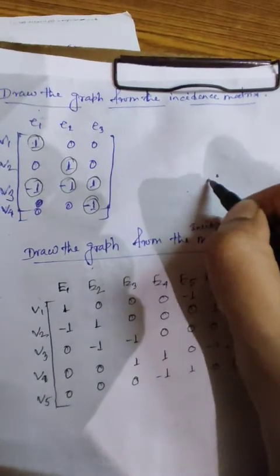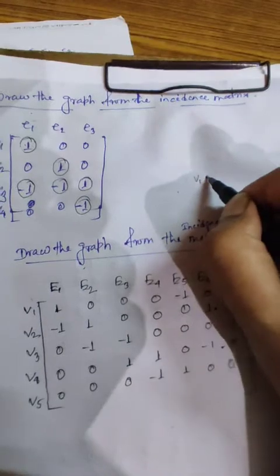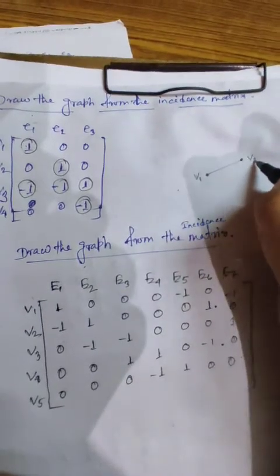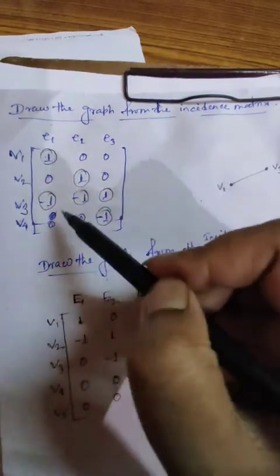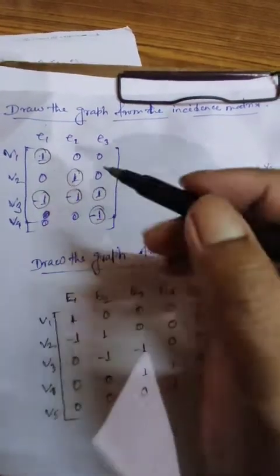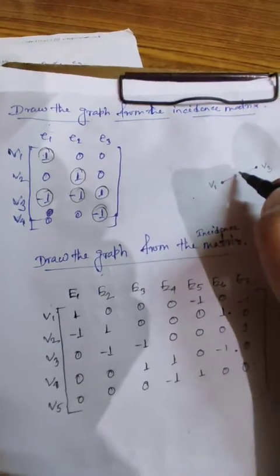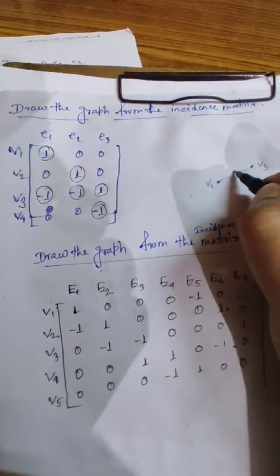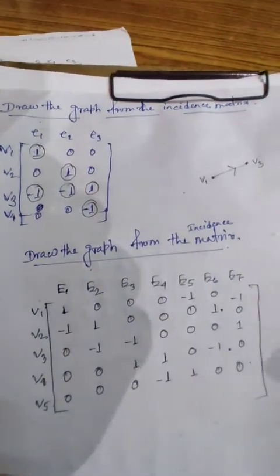So we draw V1 to V3. Here V1 has 1 and V3 has -1. That means the edge is incident out from V1 and incident in V3. So we do this.